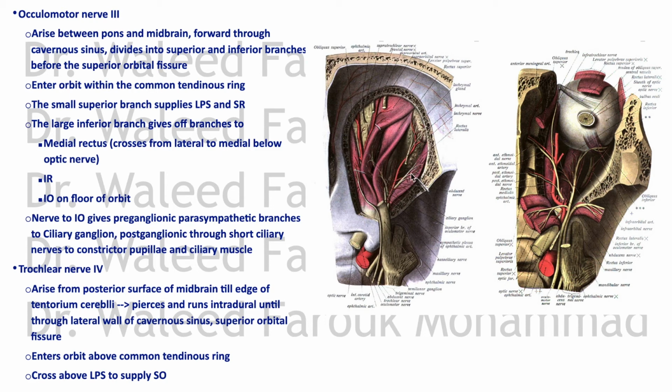And some tried to explain this as that these muscles are mainly used for the tuning of the movement of the eyeball, so they needed to be supplied individually. This is an opinion about why a muscle receives a whole cranial nerve just for it, like the lateral rectus and the superior oblique muscles, while the others take from the same nerve, which is the oculomotor nerve. This is something for you to think about. Okay?